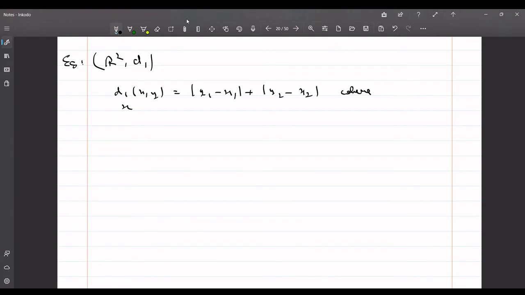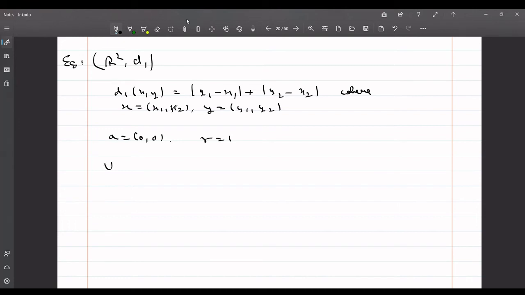Where x is of the form x1, x2, very simple, and y is of the form y1, y2. Right? Suppose you take the center as the origin and you take the radius as 1.